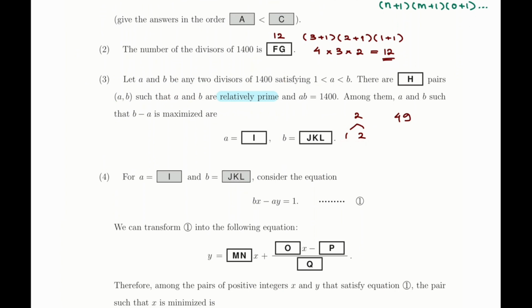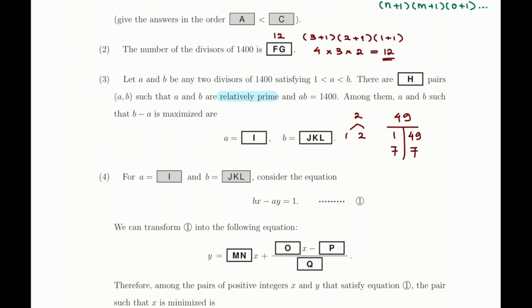The factors of 49 are 1 times 49 or 7 times 7. That means 2 and 49 are relatively prime because their common factor is equal to 1. So the numbers do not need to be prime numbers, but the common factor of those two numbers must equal 1. That's the definition of relatively prime.